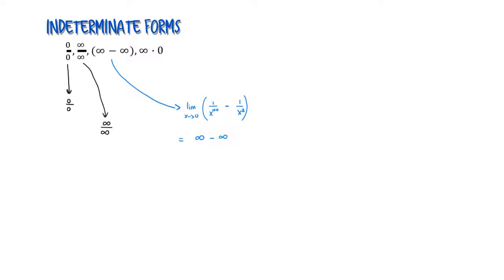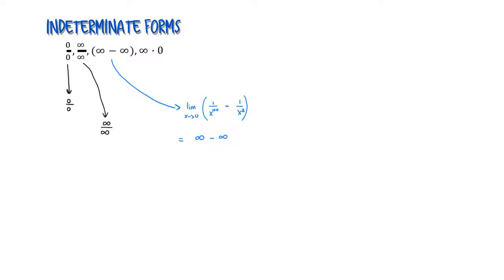Functions go to infinity as they approach a particular number, but some functions go to infinity faster than other functions. For example, if you look at 1 over x to the 100 versus 1 over x squared, 1 over x to the 100 will be going to infinity faster than 1 over x squared.